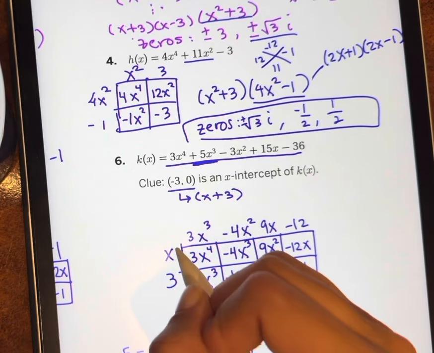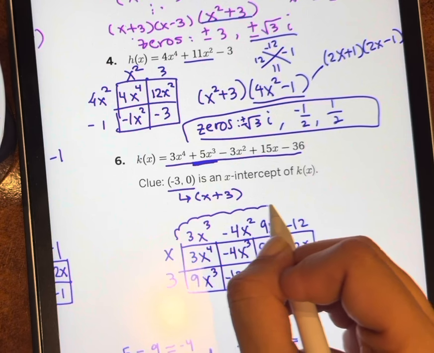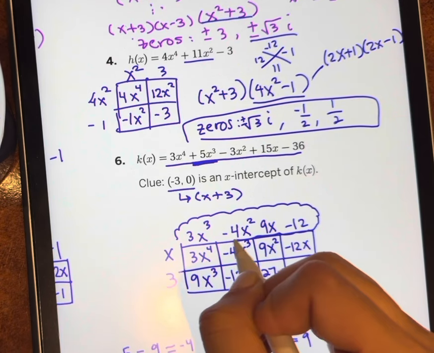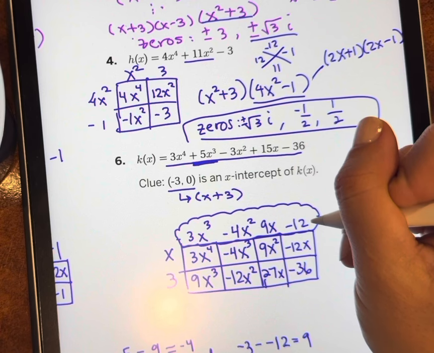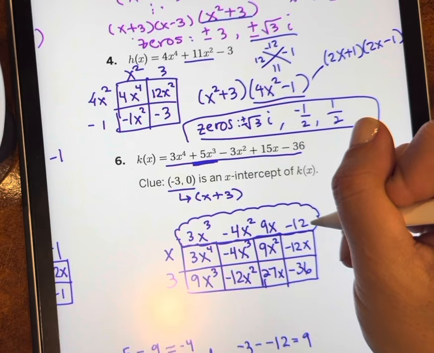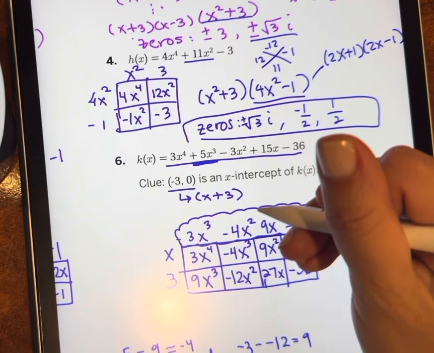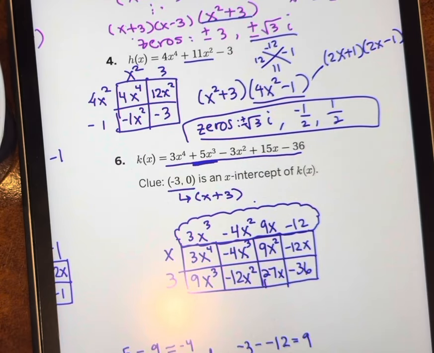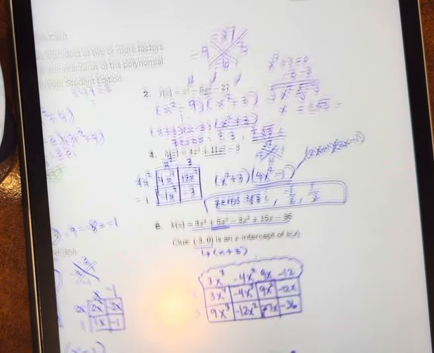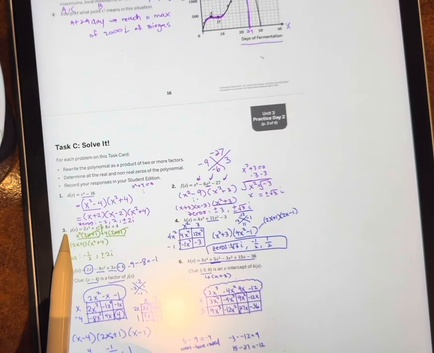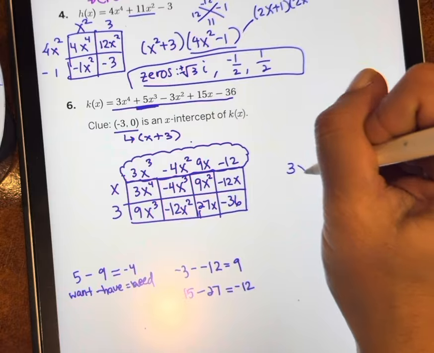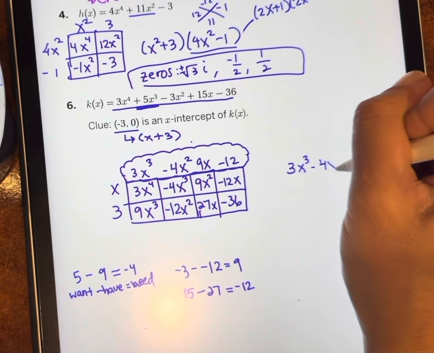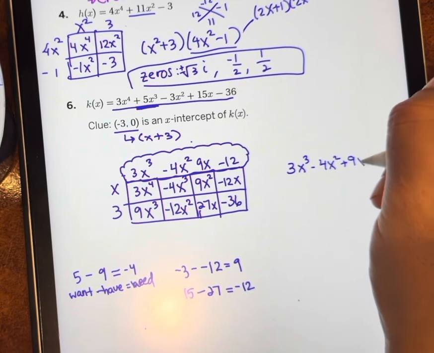And that means that this right here is a more manageable polynomial to use to find the rest of the factors. Okay? And this one actually, I'm noticing, can factor by grouping. Let me show you. It can factor like number 3 did, because it's 3x cubed minus 4x squared plus 9x minus 12.